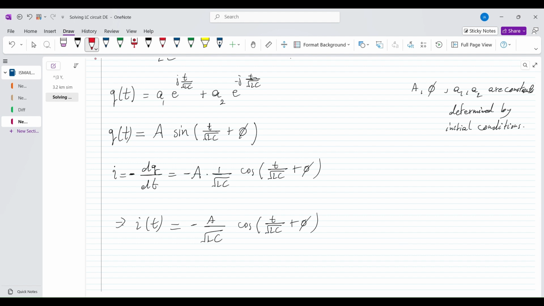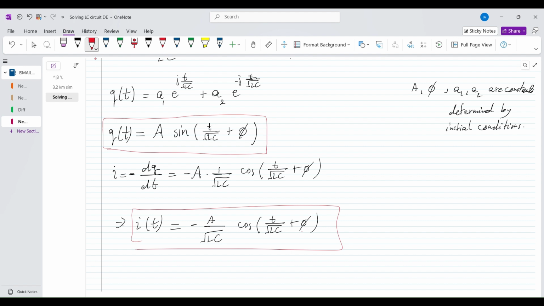So we solved the differential equation of the LC circuit, and we can find an interesting fact that the current here has a sinusoidal behavior. Yes, it is cosine, but it is sinusoidal behavior with some phase shift.